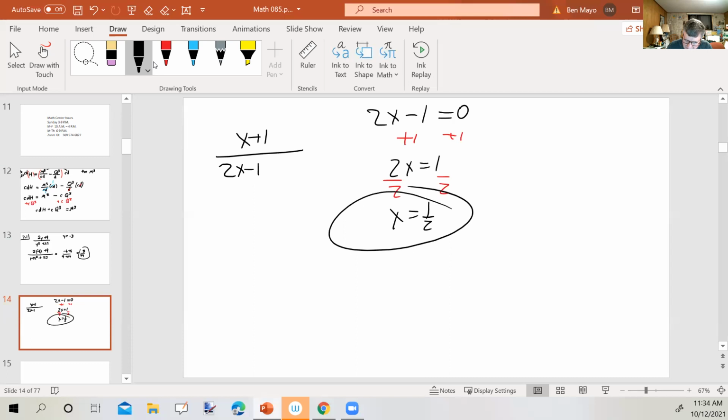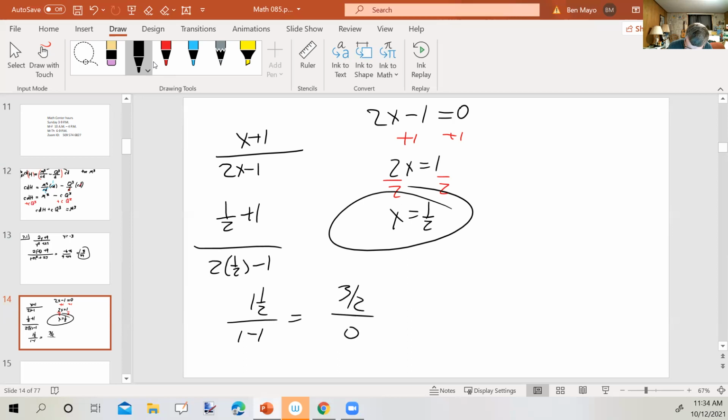So if x is a half, you'd have a half plus 1 over 2 times a half minus 1, which would be 1.5 over 1 minus 1, or 3 halves over 0, which is undefined. So x equals a half would be the value that would make this thing undefined.